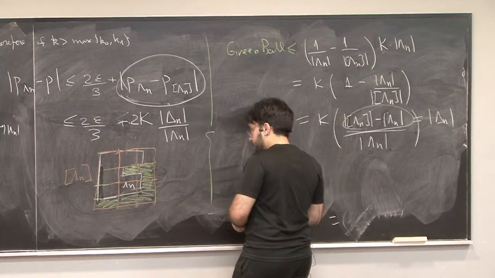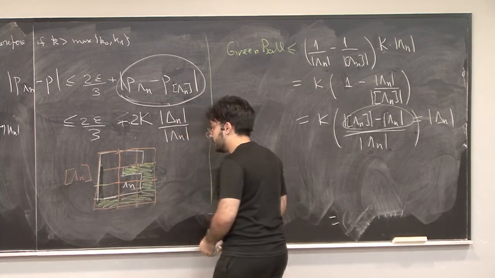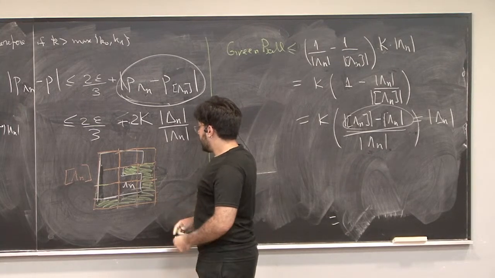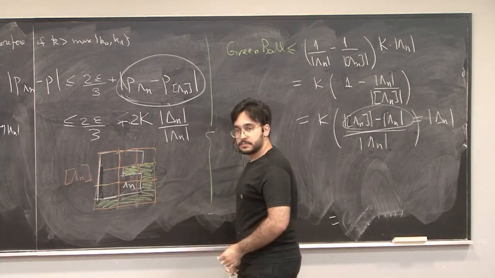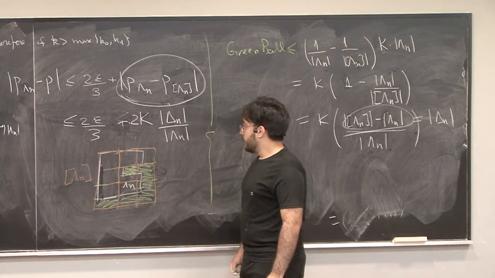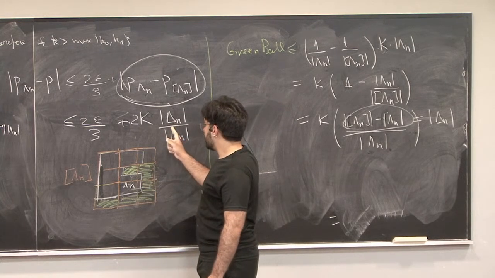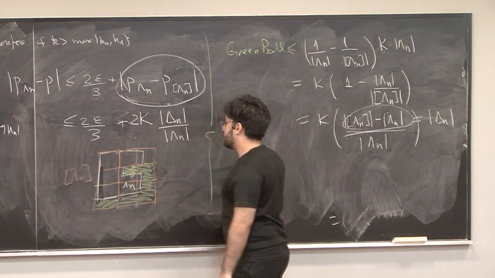So if the cube is not completely contained inside lambda n, then it will certainly contain a point at the boundary. Okay? So every point of the inner boundary of lambda n is contained here in lambda n.